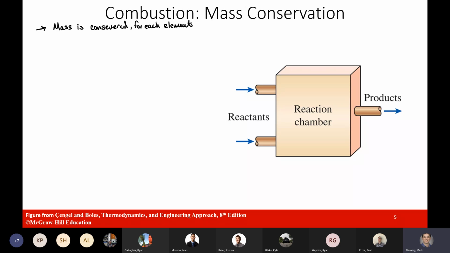So mass is still going to be conserved in a chemical reaction system. However, to figure out what's going on inside of the system, we do have to do a molar analysis to figure out how the system is reacting, because this is chemistry. So to figure out how we're changing molecules, how the elements change, we do a molar analysis for each element.